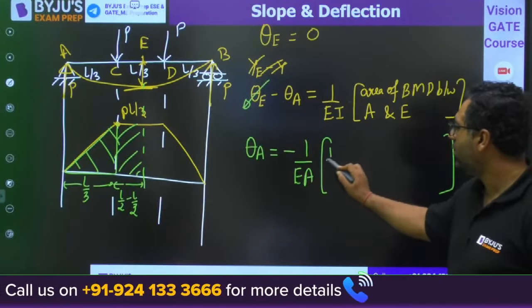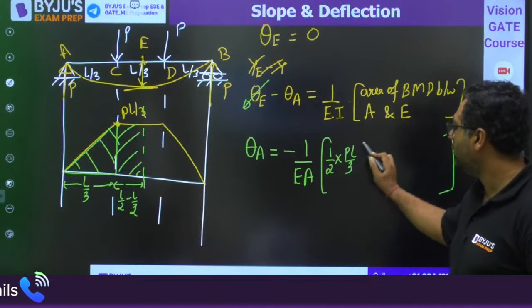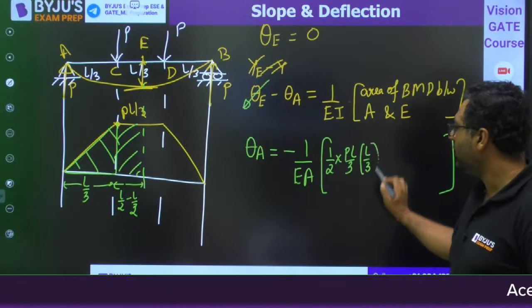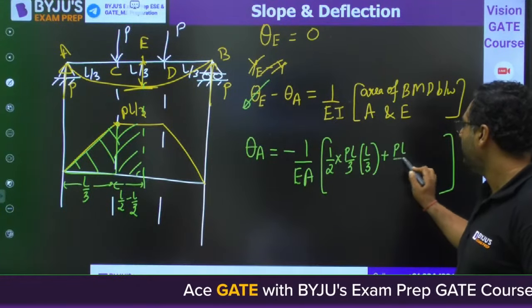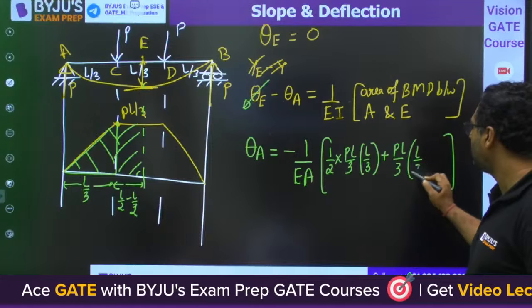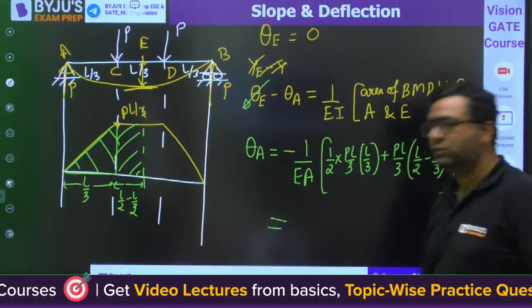So half into PL by 3 into L by 3 is the area of triangle, plus PL by 3 times the rectangle width. Solve it and get the answer.